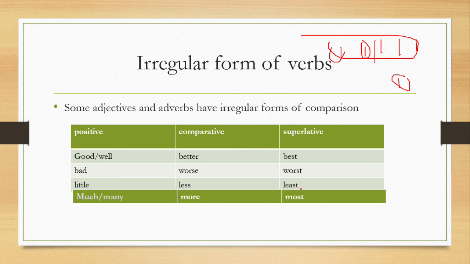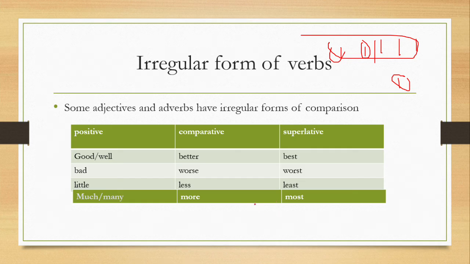So here we don't have specific rules to follow to say you need to add ER or EST. No. The irregular forms simply change their spelling, their pronunciation, everything. They change. So you just need to know them just like that. Much, more, most. It's the same as many. You can say more than that. Most.